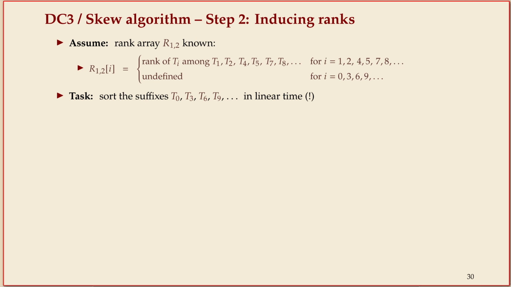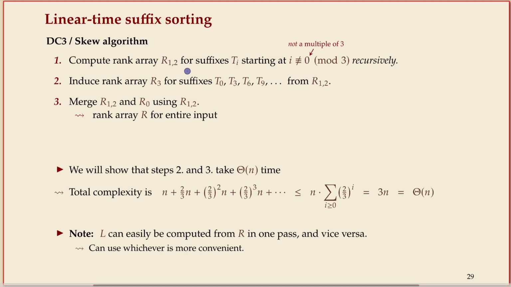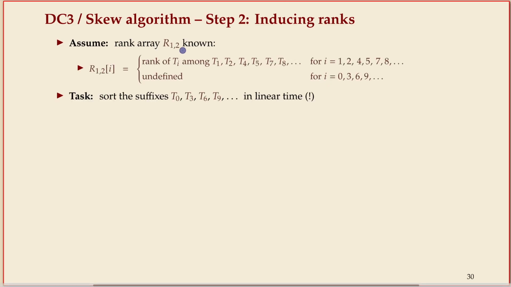The second step, remember, we've computed this R12, and now we want to get R3 out of it. So R12 is known. For every suffix whose starting index is not a multiple of 3, we know the rank. By comparing the ranks, we can in constant time decide which of two suffixes comes earlier in alphabetic order. For all the others, we don't know anything so far.